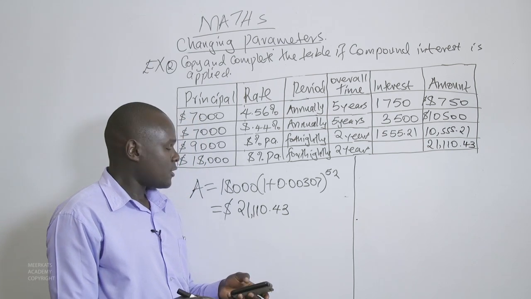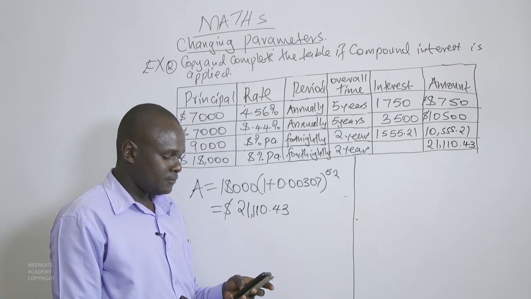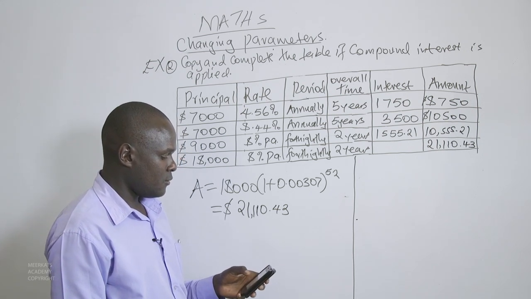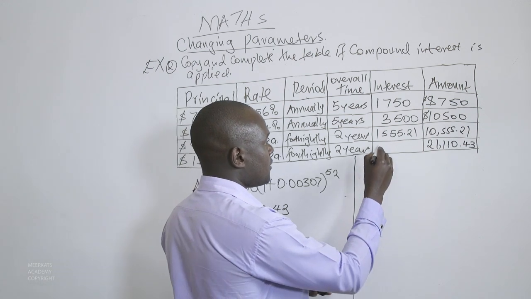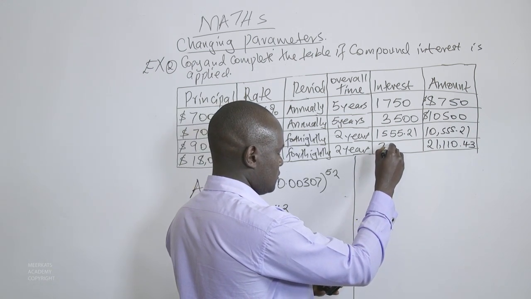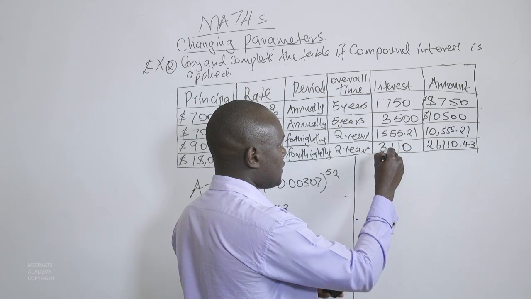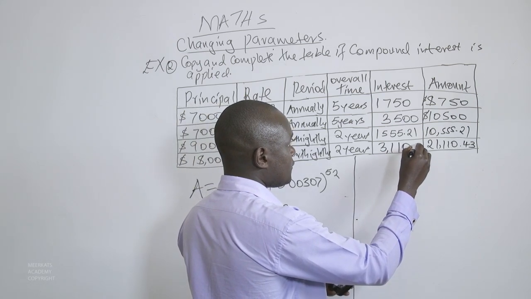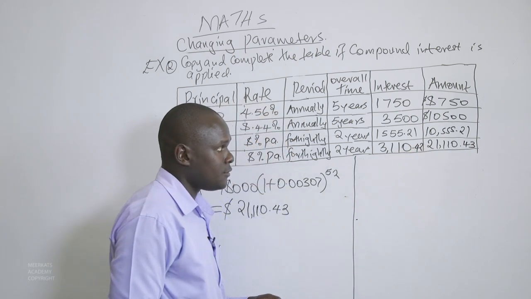So that when you subtract the principal from that, we will get 3,110.42.